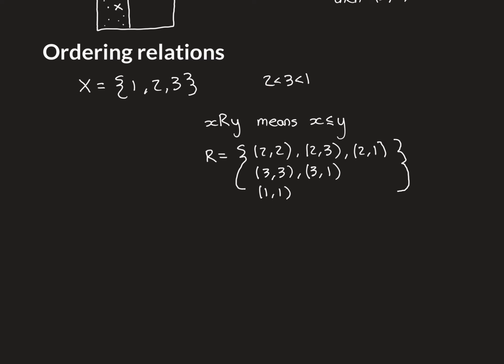So (3,2) is not going to be in this relation. 3 is related to 3 and 3 is related to 1 because it's less than 1 and it's equal to itself. So these two are going to be in the relation. And then finally 1 is not related to 2 and it's not related to 3 because it's bigger than them. So the only one it's related to is itself, so (1,1) is there. So these are the ordered pairs that will go into this set to make this ordering relation, and this encodes this information here. So this set with this is an ordered set.